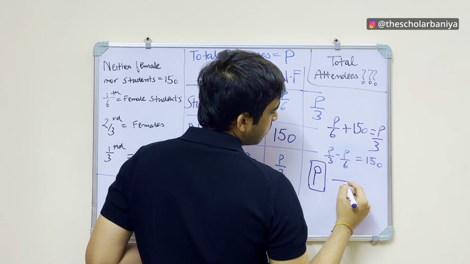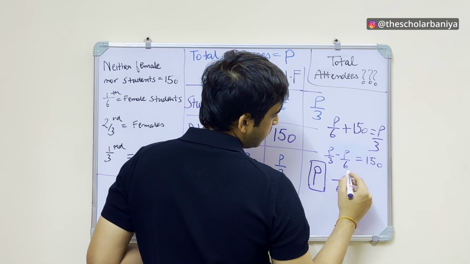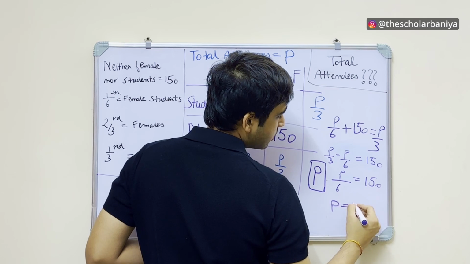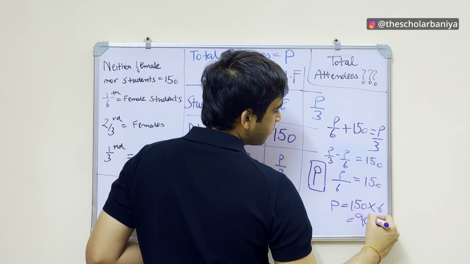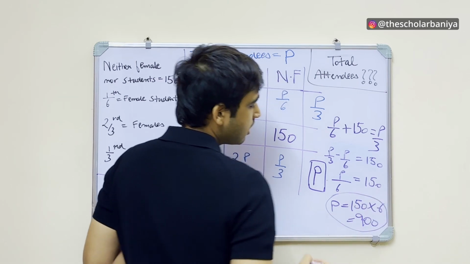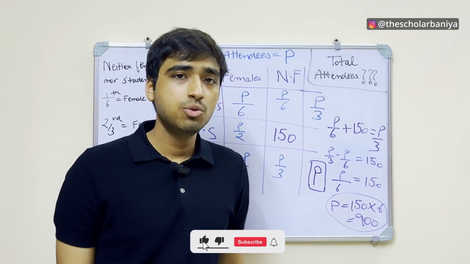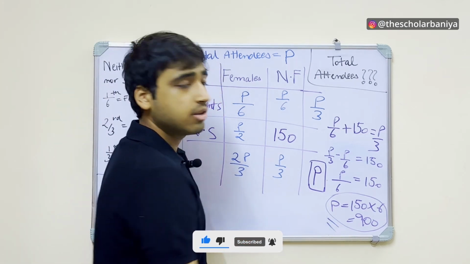We take 6 common, so that will be 6P minus P by 6 equal to 150. So P is equal to 150 into 6, which is equal to 900. That means the total number of attendees P is equal to 900. So this is your answer. I hope this should be clear.